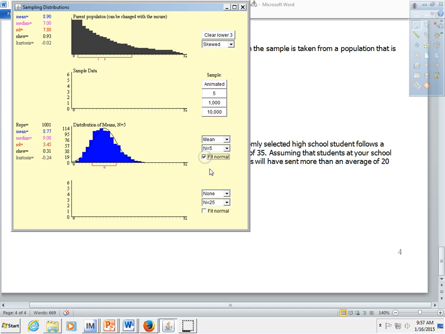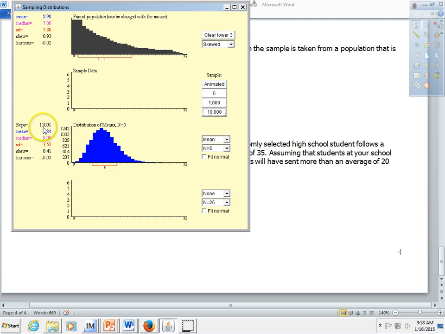If we try to fit a normal curve to this, it's not a great fit. You can still see a little bit of a right tail. I don't know that I would go so far as to call it right skewed, but it's definitely headed that way. Now, that's if the sample size is 5, and we can pull as many samples as we want.